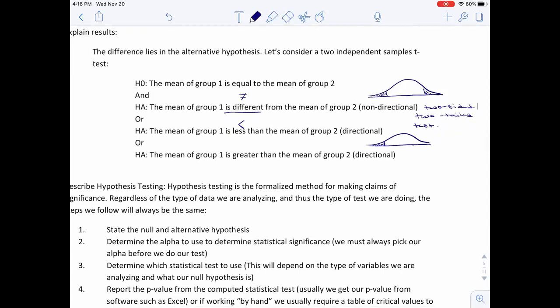So this is a one-sided or a one-tailed test, which is the same for if the mean of group 1 is greater than, but now you're looking at the upper tail. Also one-sided or one-tailed, sorry.